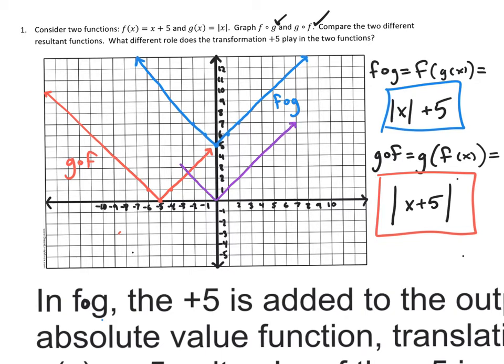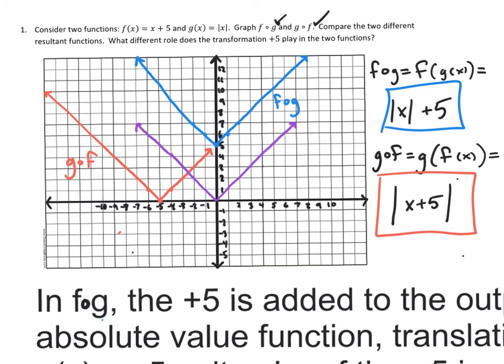Absolute value functions, while I'm on the topic, just so happen to be a great example of a piecewise function. Anyway, here I have the original function.